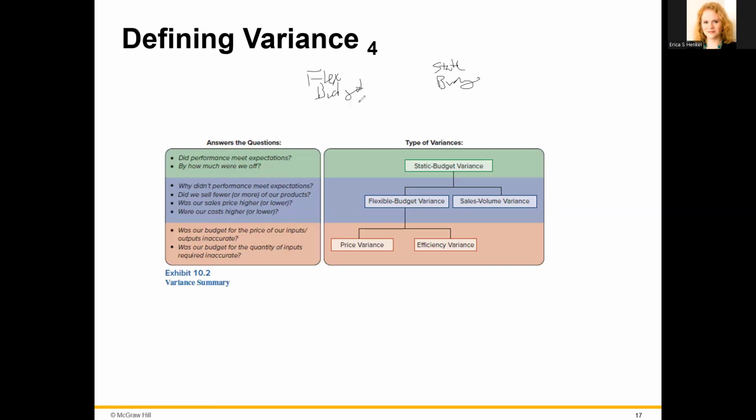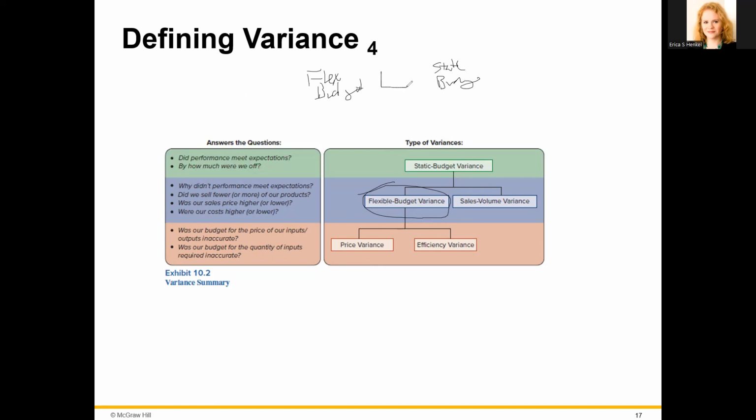The dollar difference between those two is a flexible budget variance, which they show here, right? And then that flexible budget variance can be broken down further into price and efficiency, or cost and efficiency variances, okay? We're typically most likely looking at the flexible budget variance here.